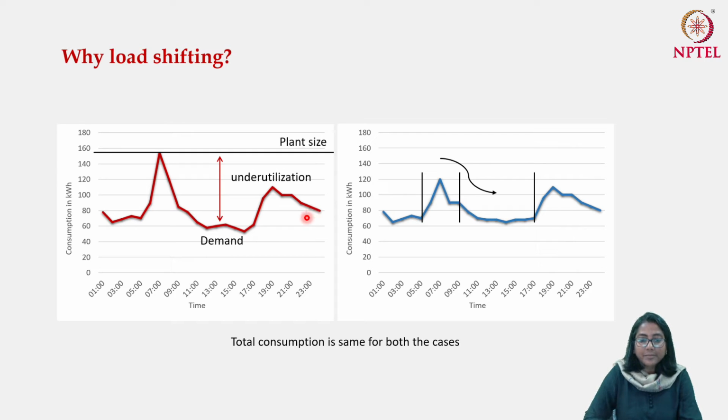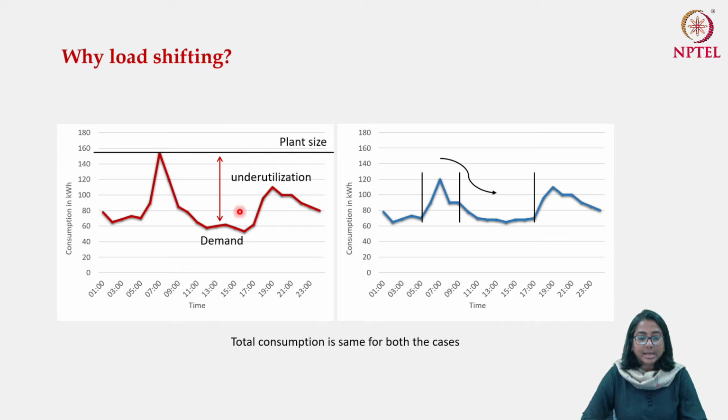The difference is that the peak of the blue curve is much lower than the peak of the red curve. The peak happens somewhere between 155 to 160 kilowatt hour in case of the red line. However, if you look at the peak here, it's close to 120 kilowatt hour.